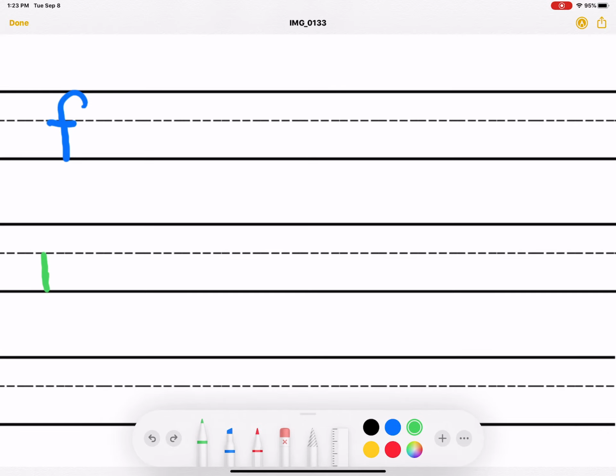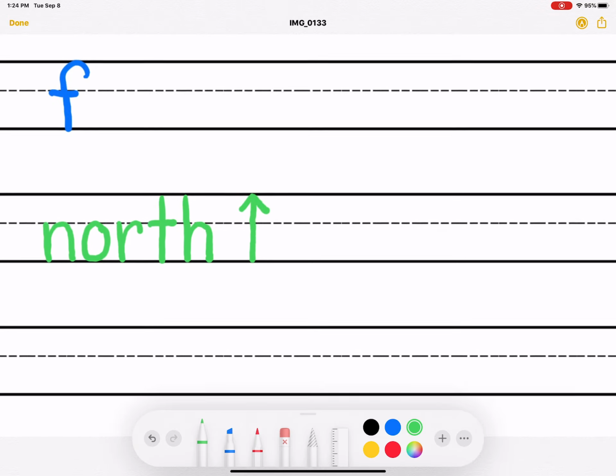We learned about north, which of course starts with an N. North. And I'll draw the arrow again because that helps us remember that when we're looking at a map, north is up, unless otherwise noted.